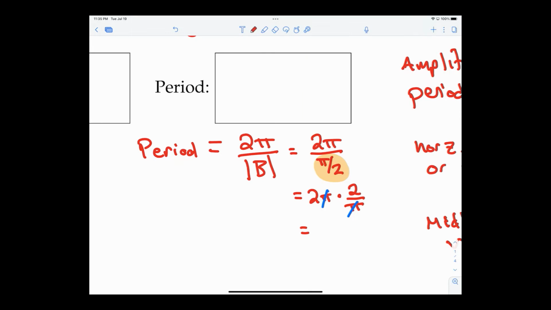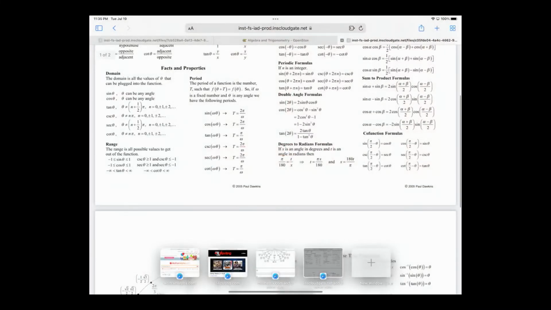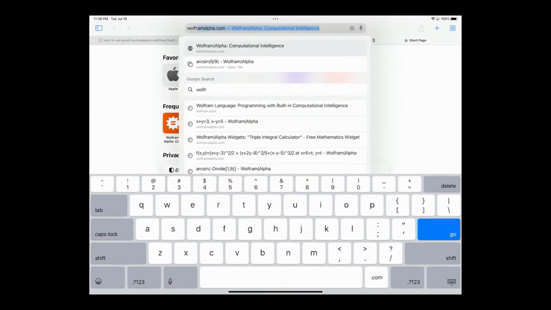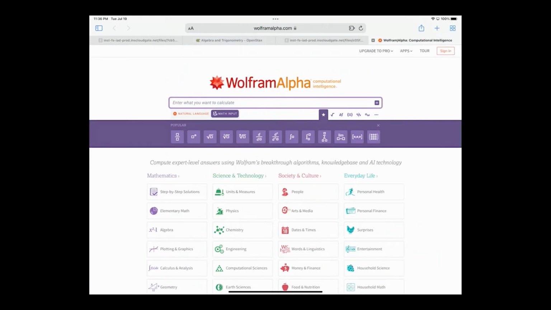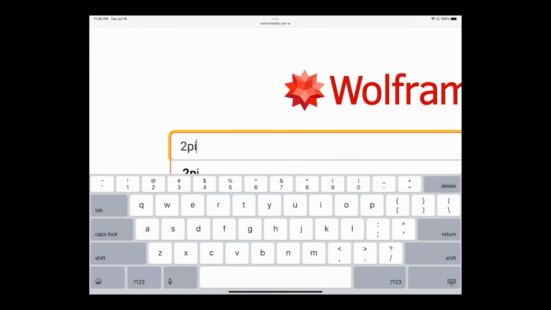Feel free to do this on a computer if you need to. You can use Wolfram Alpha or something like that. For example, if I load up Wolfram Alpha, you do 2 pi over parentheses pi over 2, like that.